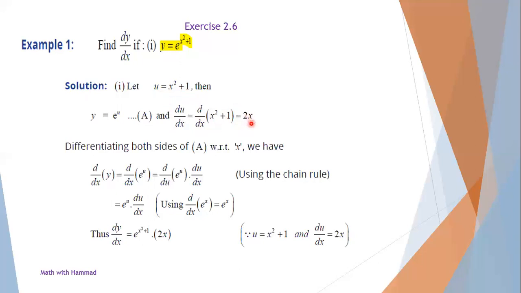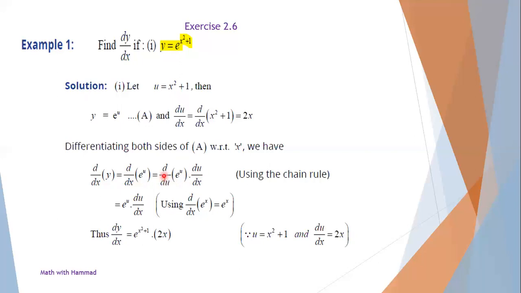So du by dx is equal to 2x. Now differentiate both sides of equation a with respect to x. y is equal to e raised to power u, which means d by dx of y is d by dx of e raised to power u, and that is d by du of e raised to power u into du by dx.